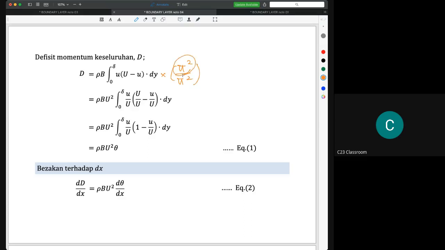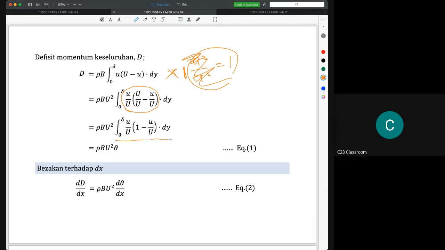The U square here will go here, and then the other U square will become part of this term. When we multiply with U square over U square, I hope you understand the value remains as 1. So we just multiply with 1 here, which does not change the total value. After we multiply, for this term, we could rearrange it so it can be written as u over U times (1 minus u over U).